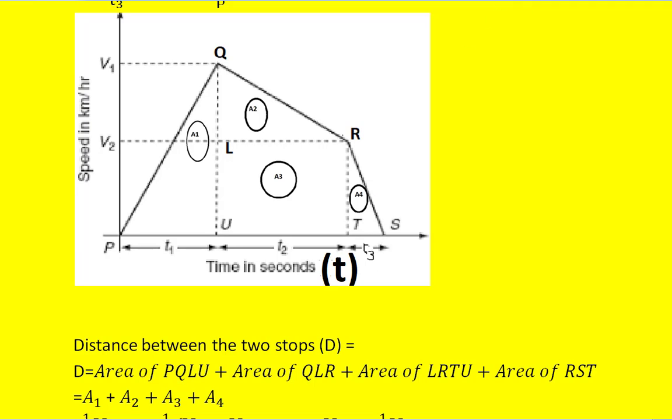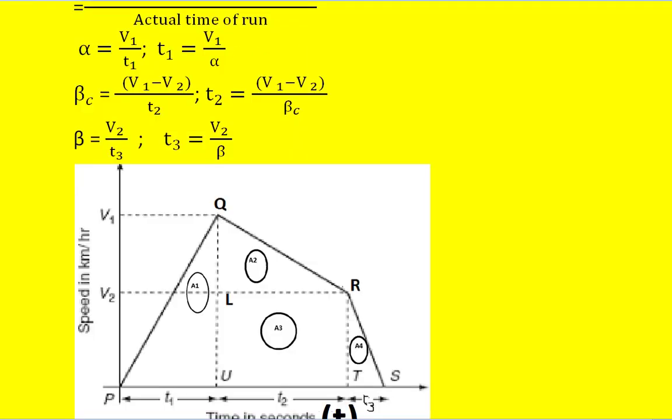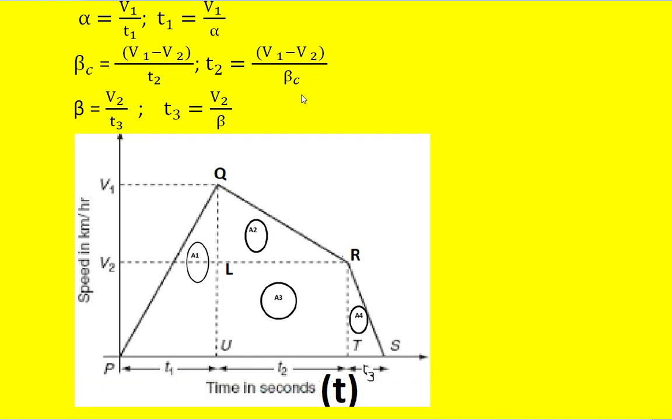So we can write alpha is equal to V1 by T1, and from that we can write T1 is equal to V1 by alpha. Similarly, beta C is equal to V1 minus V2 divided by T2. From that we can write T2 is equal to V1 minus V2 divided by beta C. So similarly, retardation beta is given by V2 divided by T3, and from that we can write T3 is equal to V2 by beta.